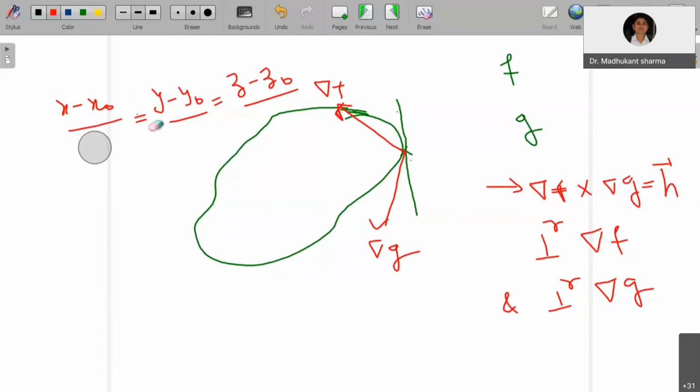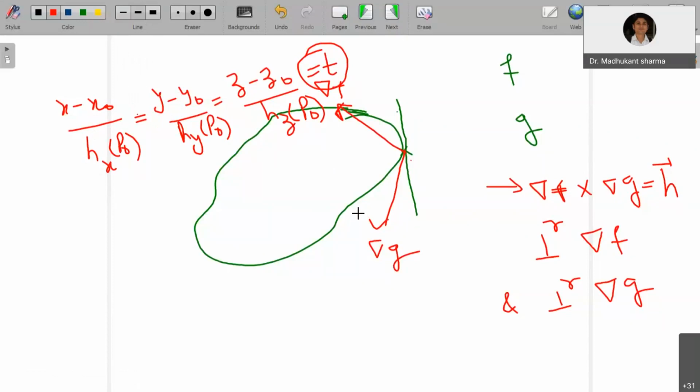So the x component of H at P naught, similarly is equal to the y component of H at P naught and the z component of H at P naught, and equals t. Taken that. This t is an arc length parameter. Instead of that, you can also take s or any other notation you are comfortable with.